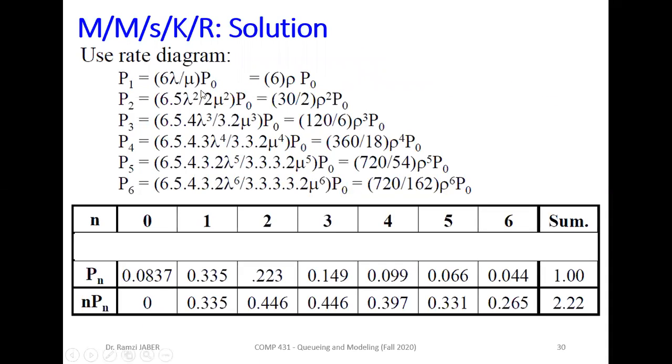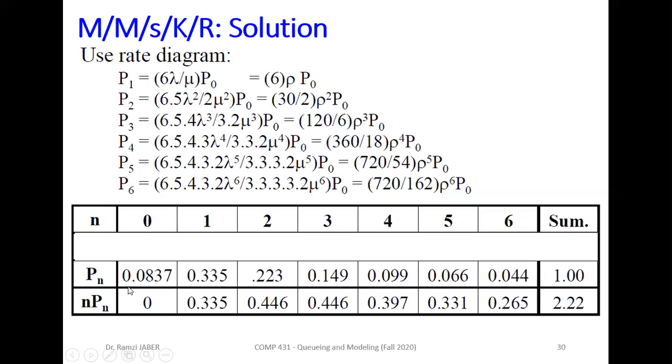We get P1, P2, P3, P4, P5, P6. P0 we calculated before as 0.0837. P1 will be a function of P0, 6 times P0. Use these equations to get the sum of all P's. The total probability will be exactly 1, so it's correct. Now we want to calculate L. L equals the summation of nPn.